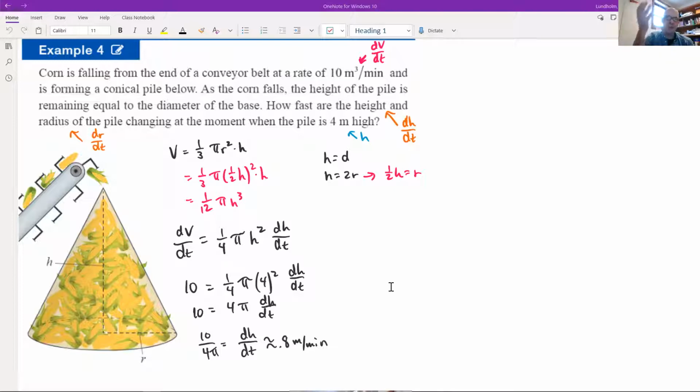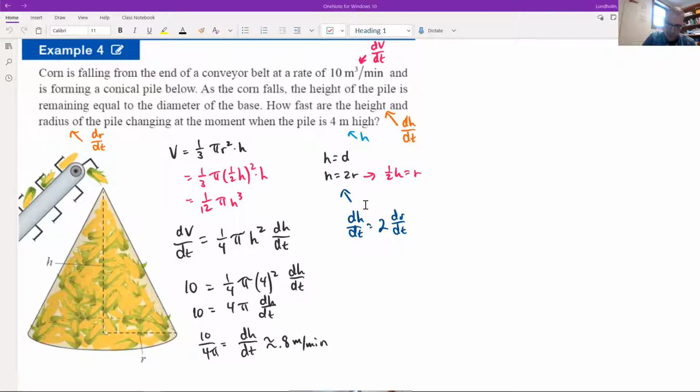You could just reason through this: since the height is always 2 times the radius, you could just think, oh, I multiply that by 2 to get that. But how about we go back up to this equation and actually take some derivatives with respect to time here. We'd have dh dt is equal to 2 times dr dt.